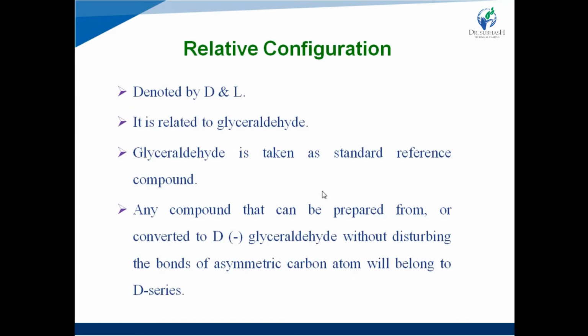And then it is given the name R configuration, right? Now relative configuration is also a specification of the configuration of a chiral center. It is denoted by capital D and capital L. It is related to glyceraldehyde, right? It is a relative configuration given relative to the glyceraldehyde molecule, which is taken as the standard reference compound.